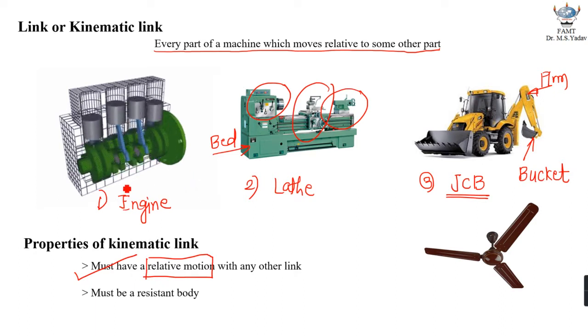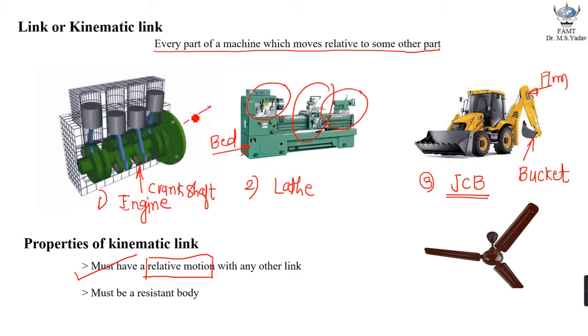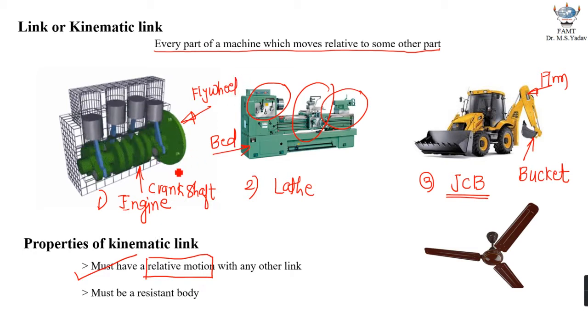Now here we need to understand one concept. If you look at this part shown in green color, this part is typically called a crankshaft, and on this side this part is called the flywheel. Both are keyed to each other.